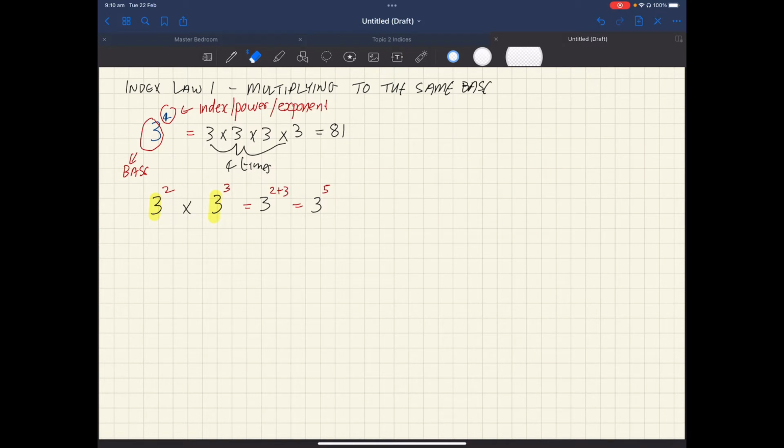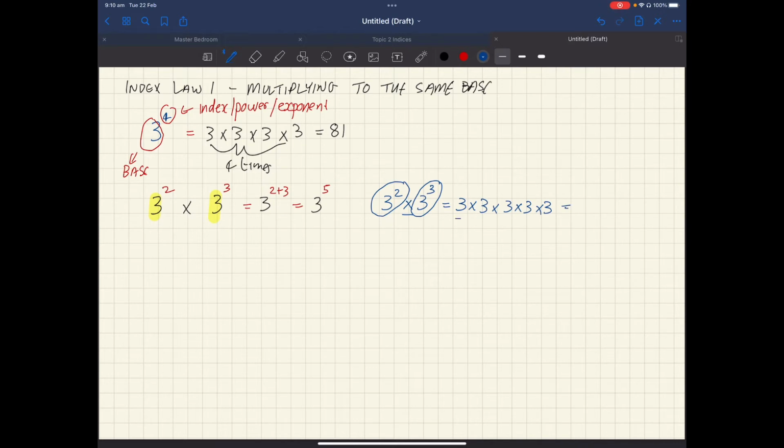How do we know this is true? So I will just show you. 3 to the power of 2 times 3 to the power of 3. What I could do is rewrite 3 to the power of 2 in expanded form, which is 3 times 3, times, now I could write 3 to the power of 3 in expanded form, which is 3 times 3 times 3.